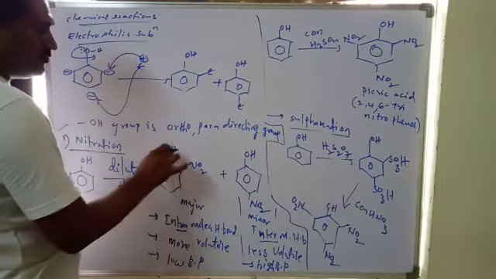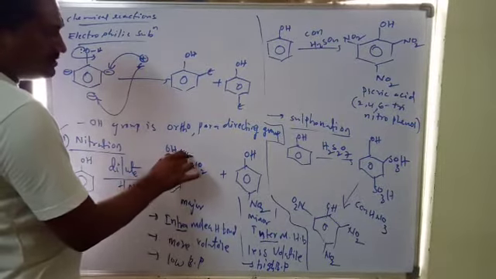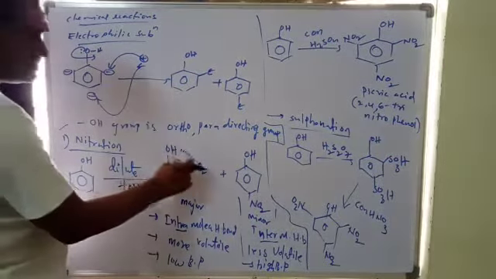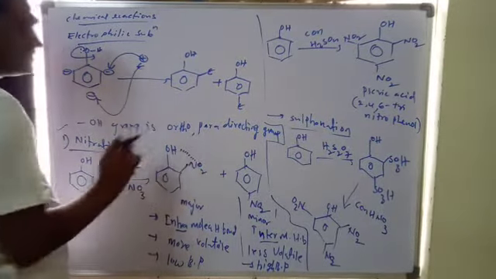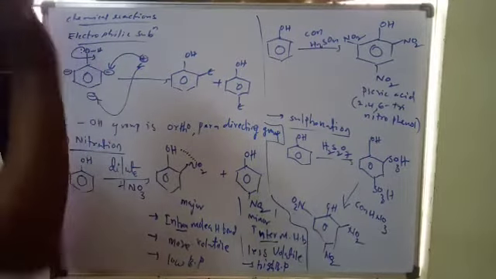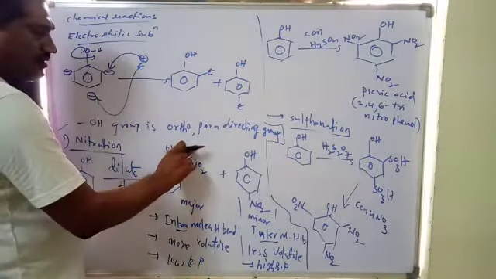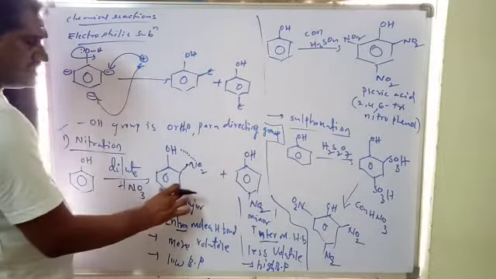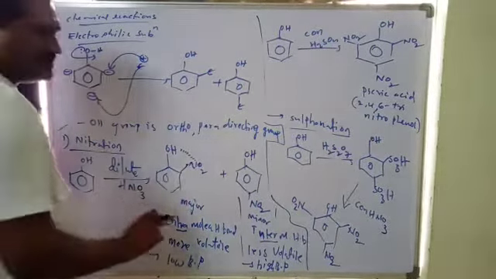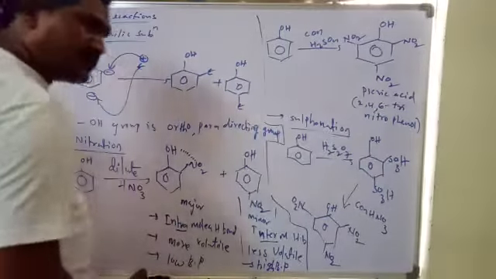The ortho-nitrophenol is the major product because of hydrogen bonding between the adjacent nitro group's oxygen and the hydrogen. So due to intramolecular hydrogen bonding, it is the major. Ortho-nitrophenol is major compared to para-nitrophenol, right?